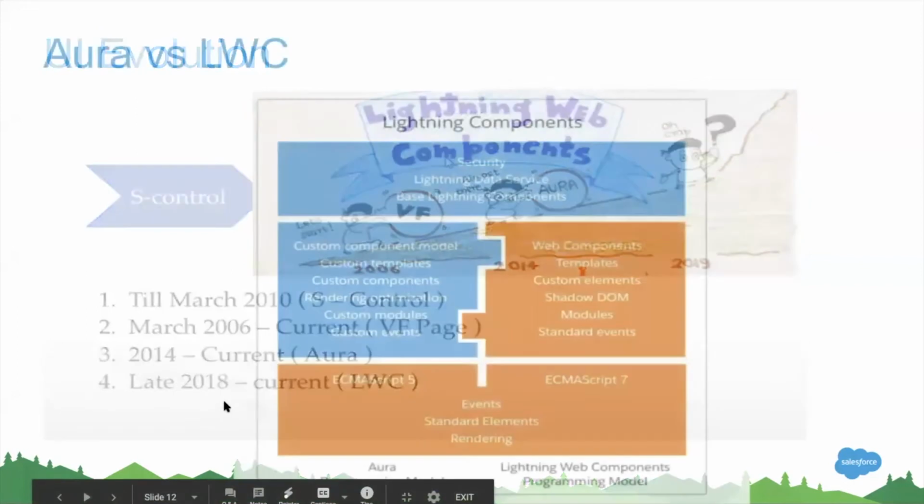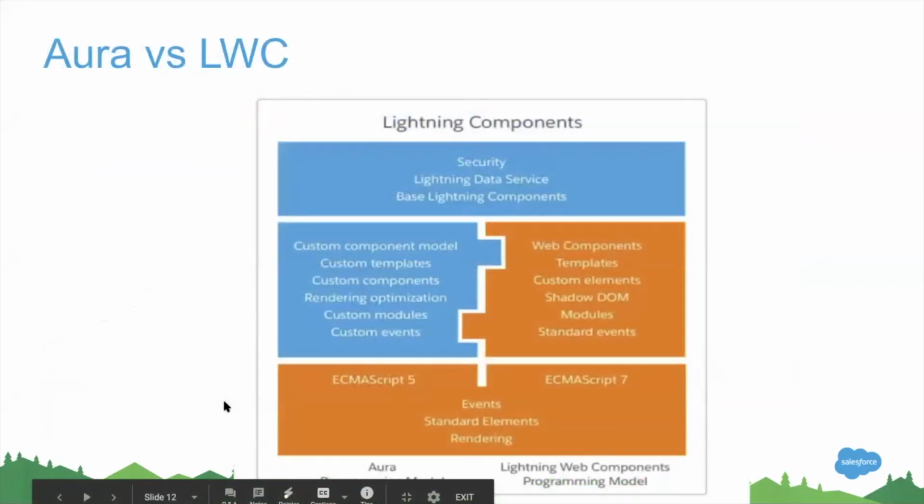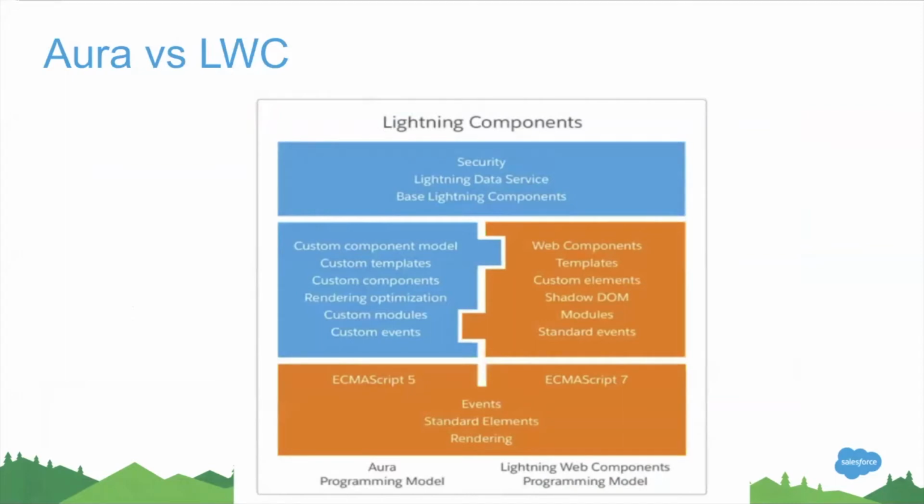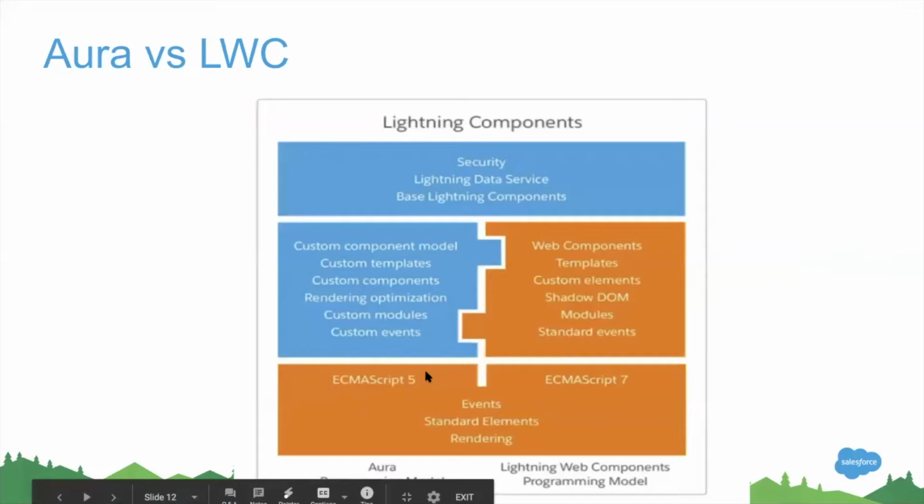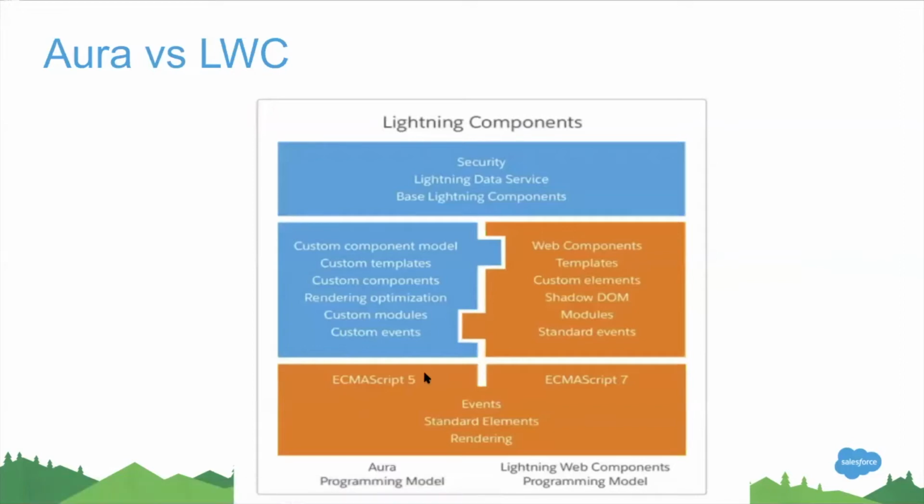And let's see Aura versus LWC. So far Praveen discussed LC, which is nothing but Lightning Component, built on top of the Aura framework. So what will happen to the Aura framework now? Will it go away, or will Salesforce get rid of support for Aura? No, because ECMAScript 5 is supported in Aura, and ECMAScript 7 is the JavaScript standard currently available in 2019.